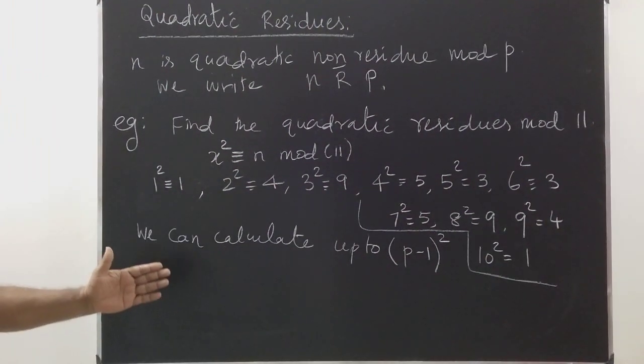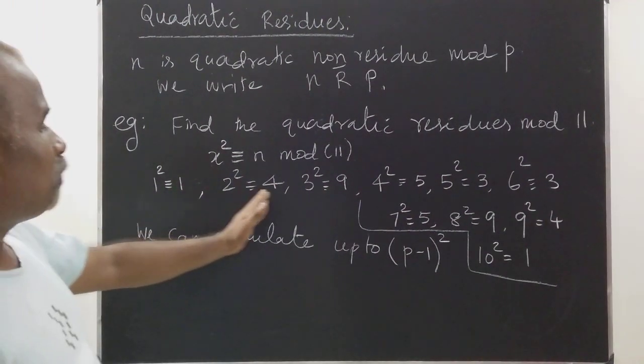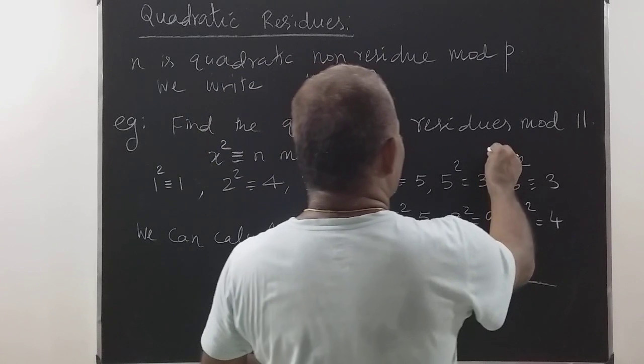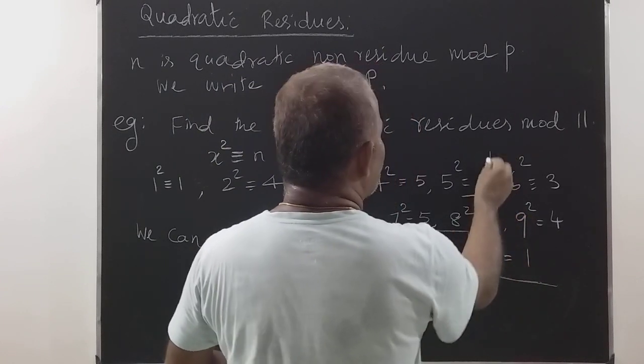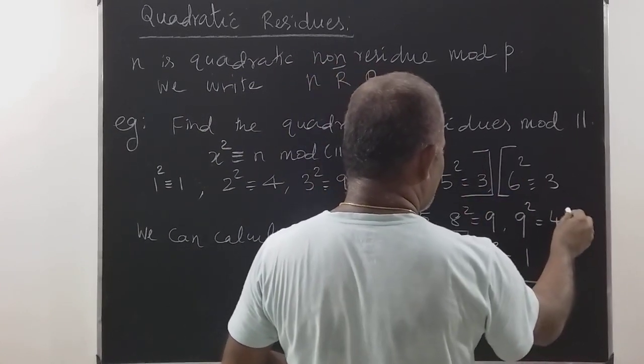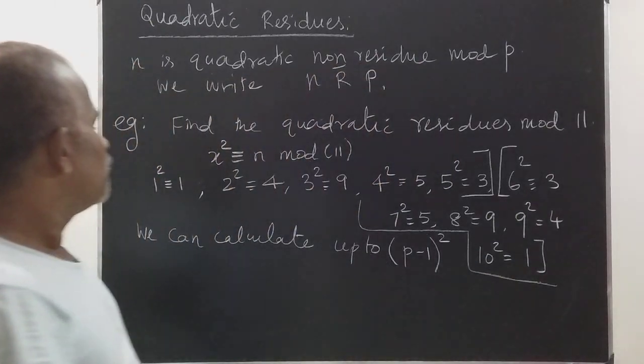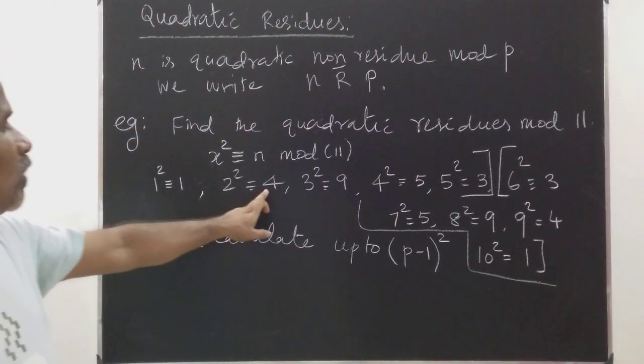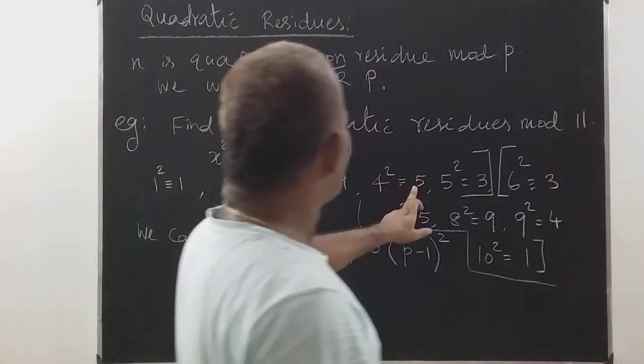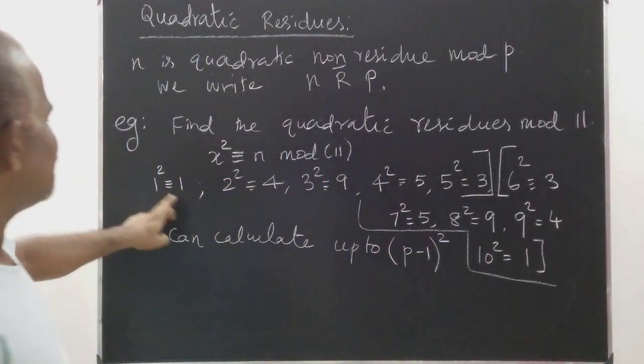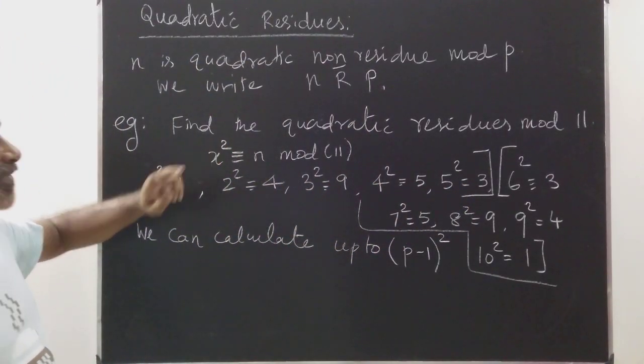But here, up to 5 squared, you will be getting 1, 4, 9, 5, 3. These are the solutions.